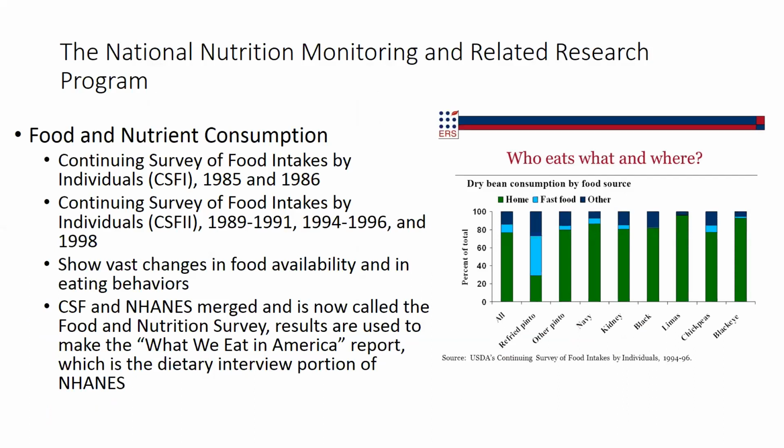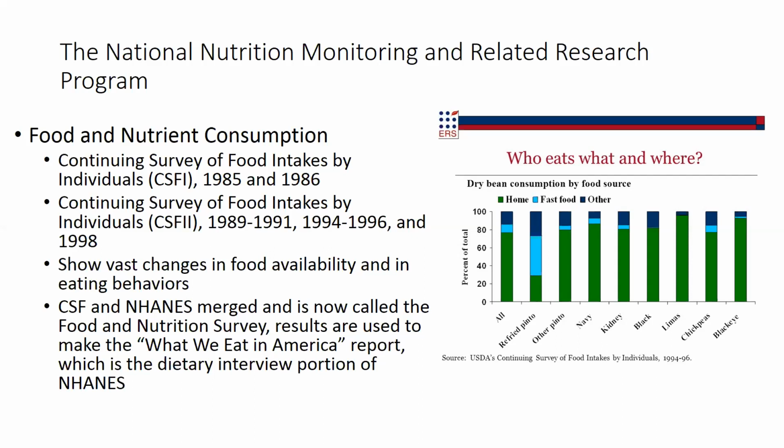The graph that I show you there isn't so important in the details. It's just an example of some of the data that they gather. So we know what types of beans people are eating. That shows you the level of detail that they are interested in.